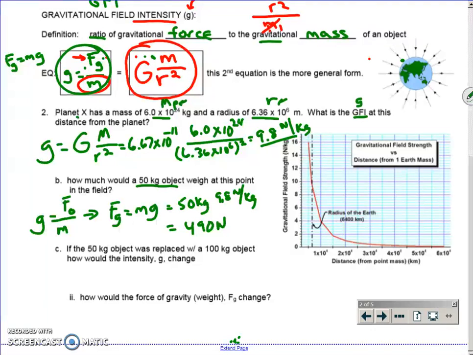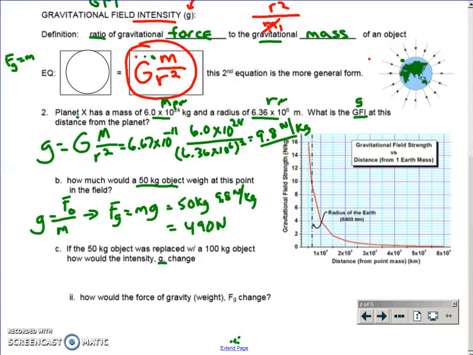Okay, and if the 50 kilogram object was replaced with a 100 kilogram object, how would the intensity little g change? Well, if you go to the equation in the left box here, you might be tempted to say it would go down by a factor of 2, because in this case we have twice the mass.